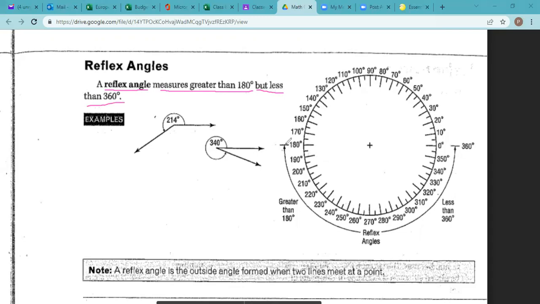So that's why I said any of these large ones, anywhere where it's more than 180, it goes all the way around. Right here, remember, 270 degrees is 3/4 of a circle, right? And then finishes all the way to almost 360 degrees.